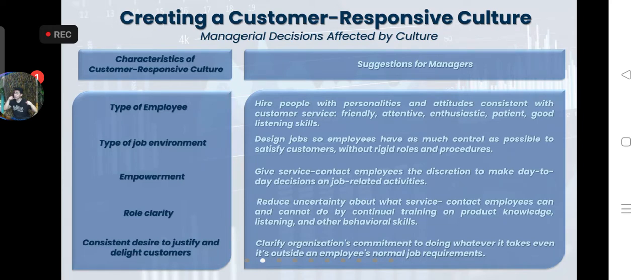This exhibit describes the five characteristics of a customer responsive culture and offers suggestions as to what managers can do to create that type of culture. Next slide, please.